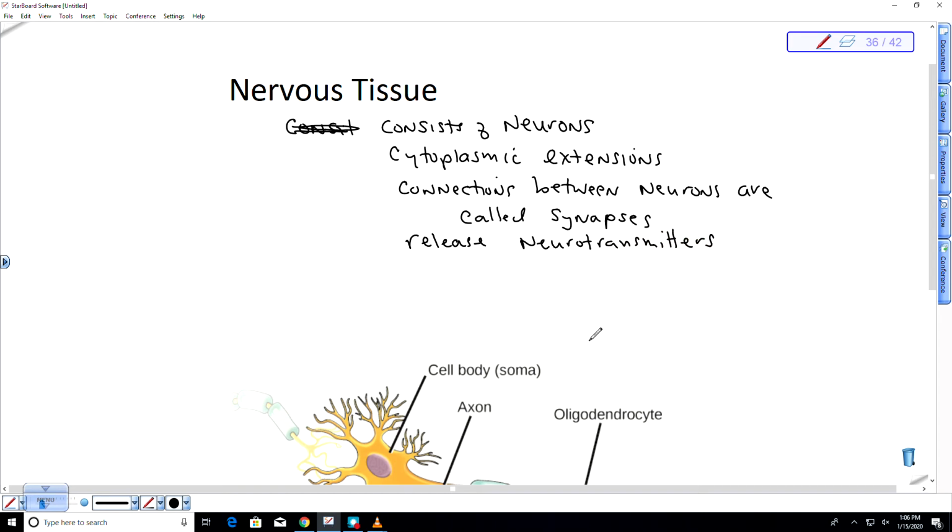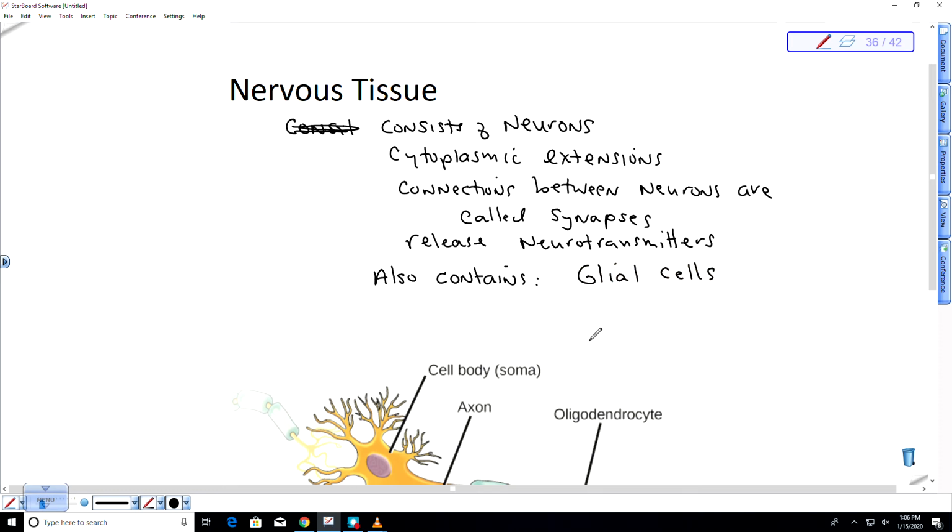Now, it used to be thought that nervous tissue just had neurons in it, and that was the most important part of nervous tissue. But we have also discovered that we also have glial cells. So nervous tissue also contains what are called glial cells.